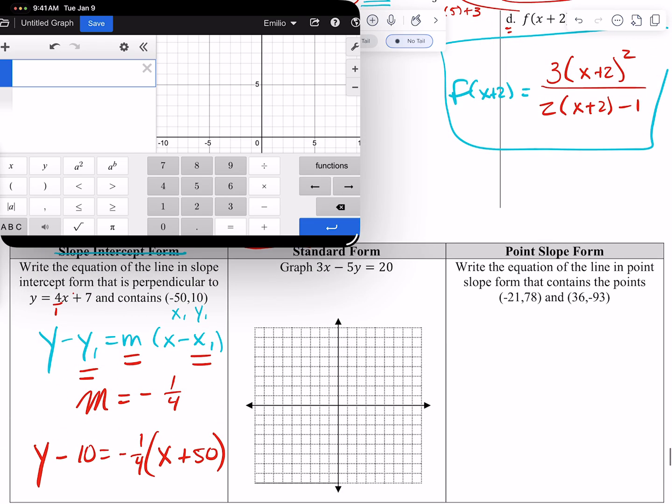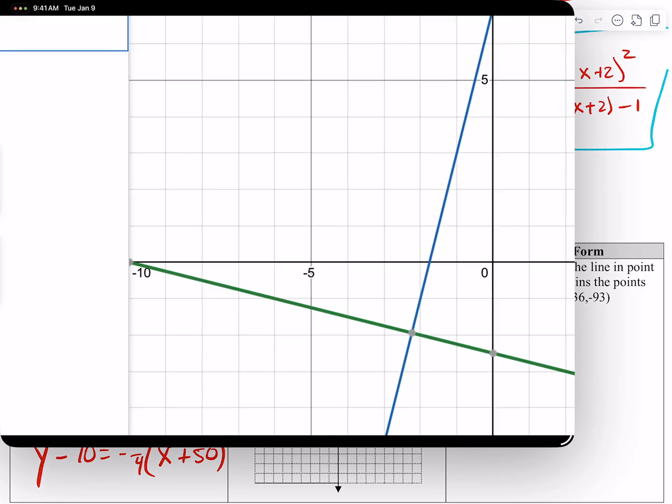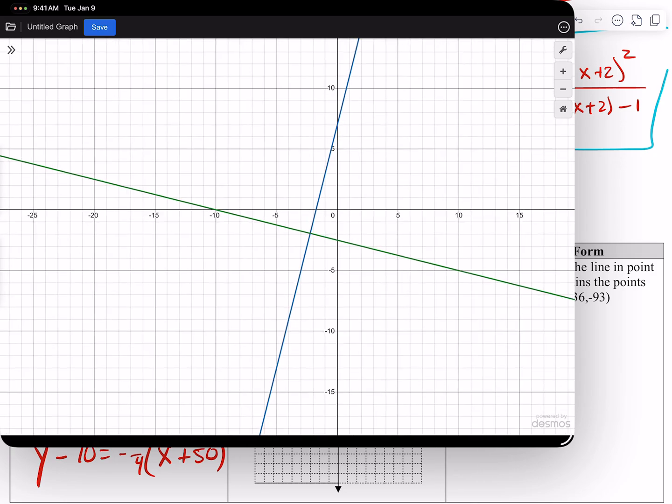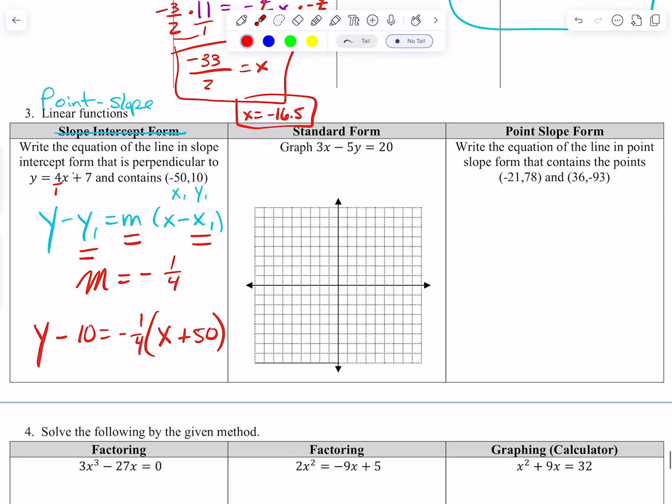So let me graph y equals, and then let's do y minus 10 equals negative 1 divided by 4, parentheses, x plus 50. Let's go ahead and zoom out a little bit. And voila, they make a 90-degree angle. Perfect. Okay, so let's go back to this real quick.